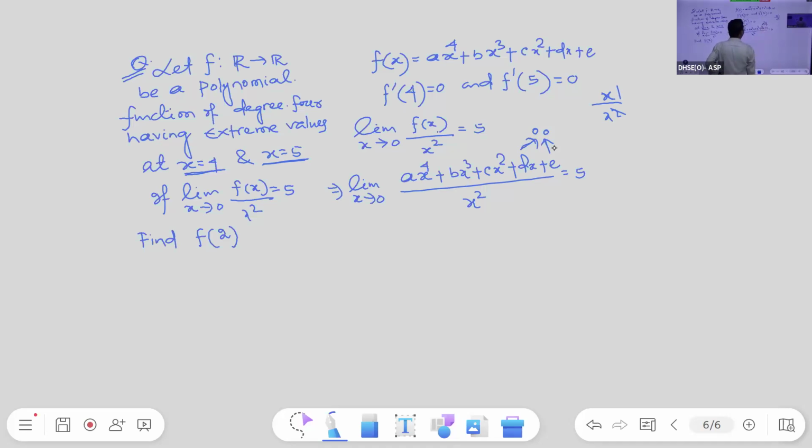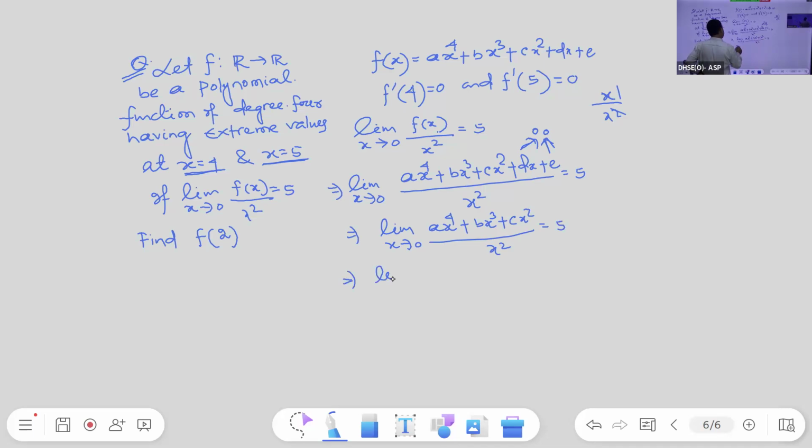The highest power of the denominator is 2. So this implies limit x tending towards 0, ax to the power 4 plus bx cube plus cx square upon x square equals 5.